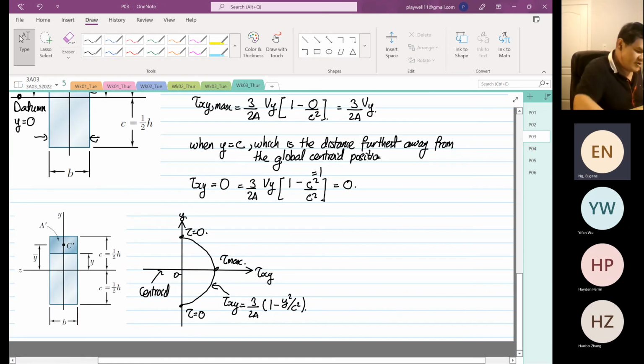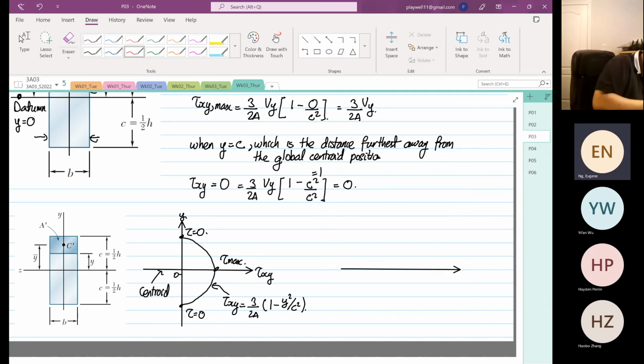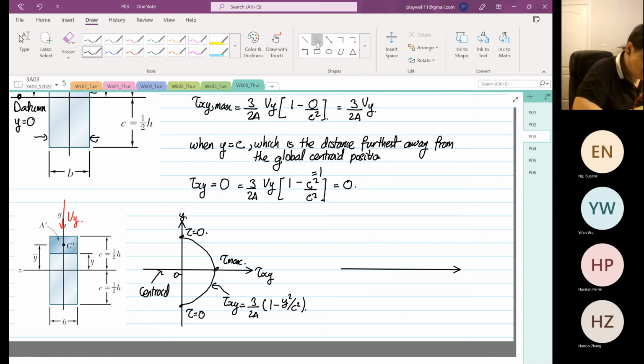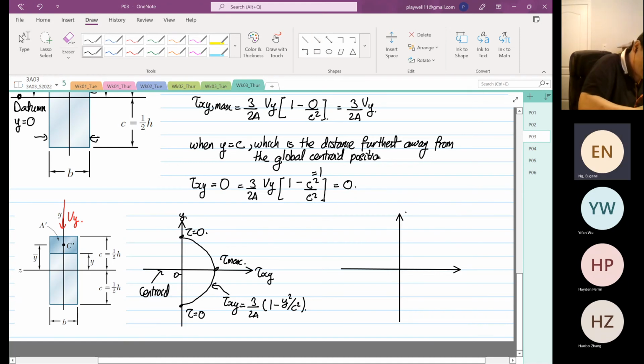Now, a very interesting feature that you see now, okay, I'll draw another diagram over here. So we are still going to comply with Vy in this direction. And if we were to sketch in terms of normal stress, so this is our y and this is our normal stress in the x direction.